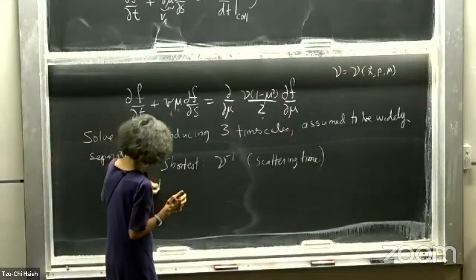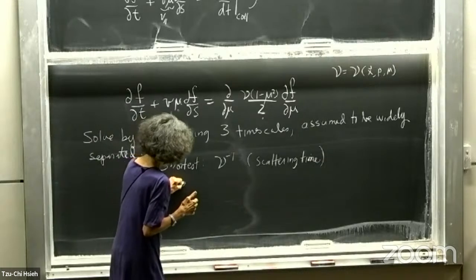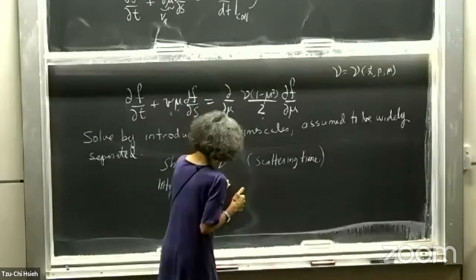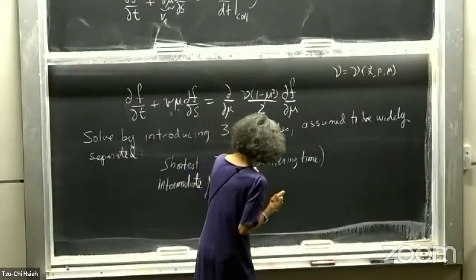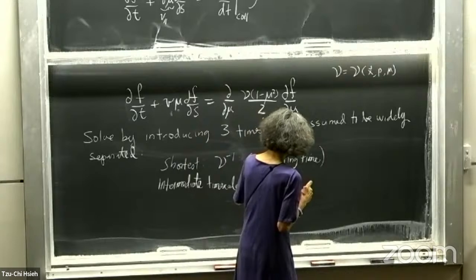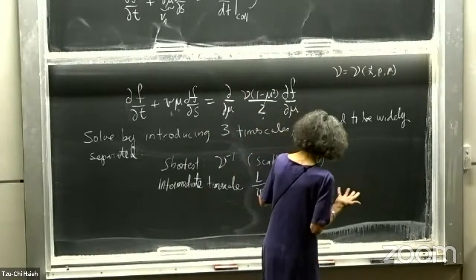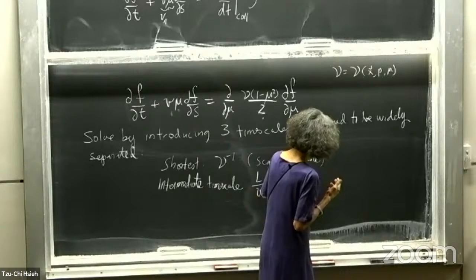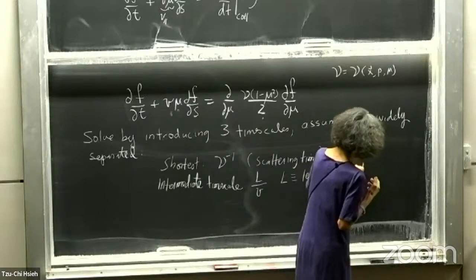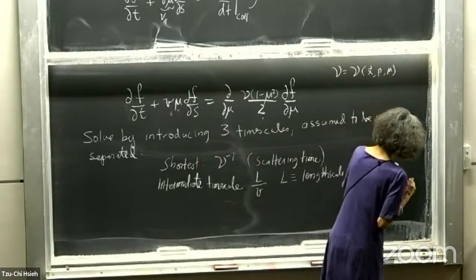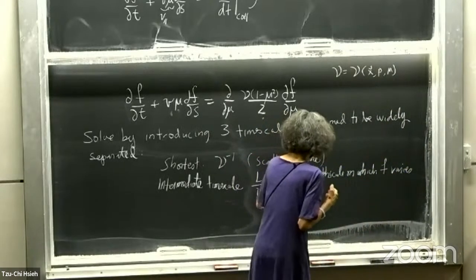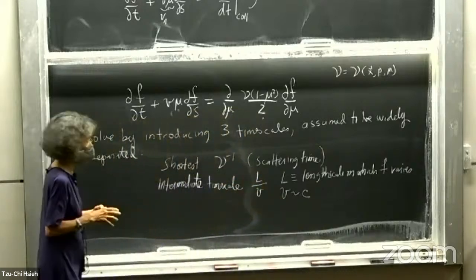Then we're going to have an intermediate timescale, which I'll write as L over V, where L is just the length scale on which F varies, and V is approximately c, because we're talking about relativistic particles here.